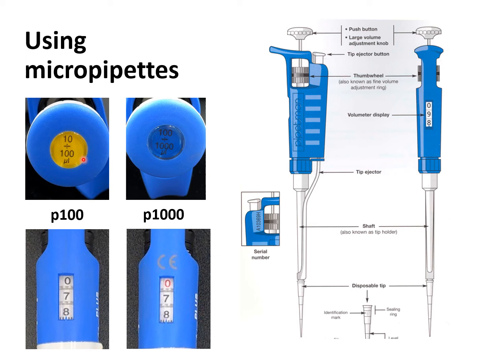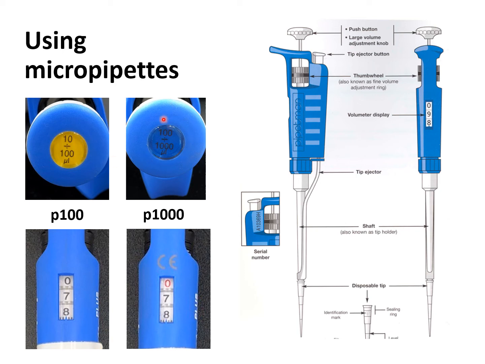So with a P100, you're going to see two numbers displayed on the plunger on the top. When you look down on the plunger, you're going to see those two numbers. 10 is the minimum amount that you can set this micropipette to measure. 100 is the maximum. So this is the minimum, 10 microliters. This is the maximum, 100 microliters.